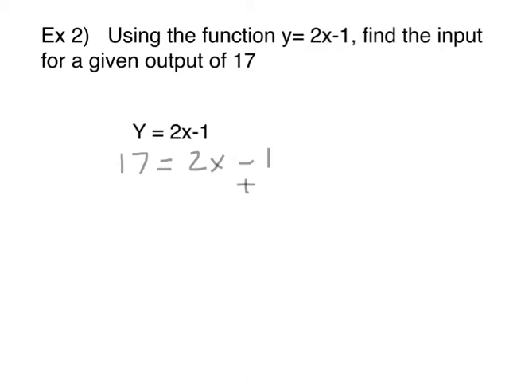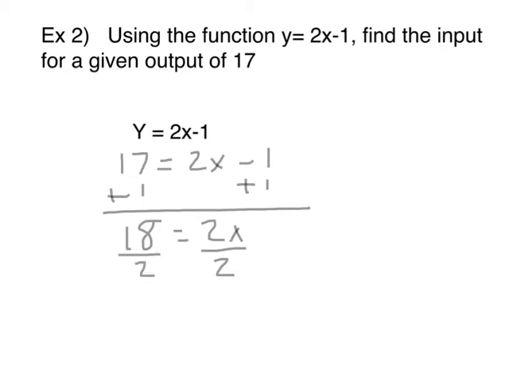So move the 1 from the right side to the left by undoing it on both sides. You'll get 18 equals 2x. And of course, to get rid of the 2, we have to divide because it's connected by multiplication. So divide both sides, and your answer turns out to be 9. So we should have an input of 9 whenever you have an output of 17.